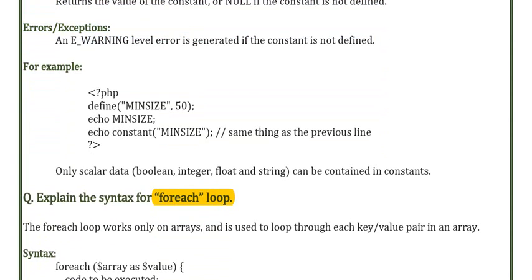For example, here we define the MIN_SIZE which is 50, then echo MIN_SIZE, and lastly we have used echo constant MIN_SIZE. Same thing as the previous line. That means the output of this line and the output of this line are the same. Here we use the constant function.